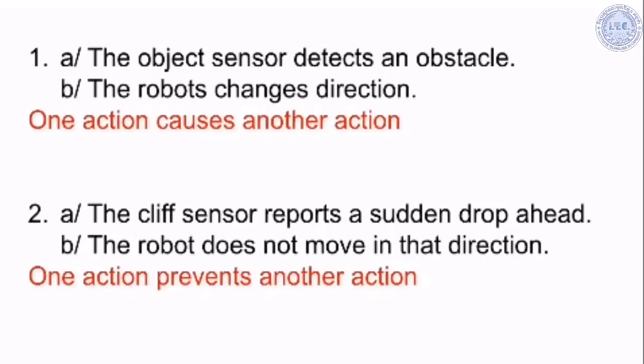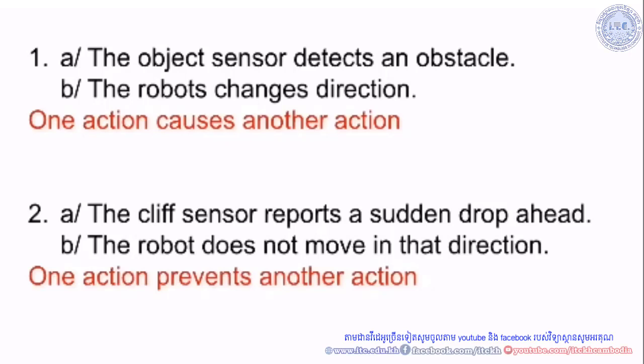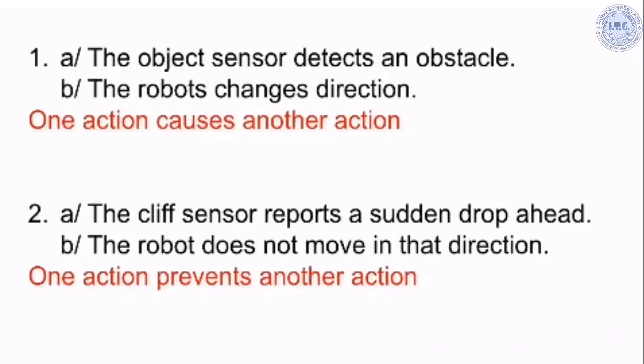So the second one. A, the cliff sensor reports a sudden drop ahead. B, the robot does not move in that direction. So in these two sentences, one action prevents another action.